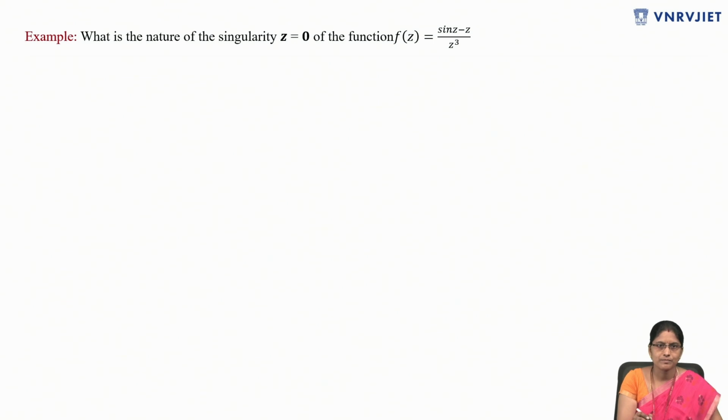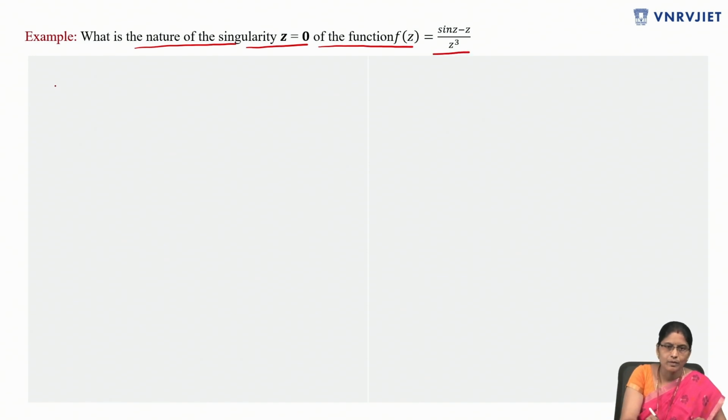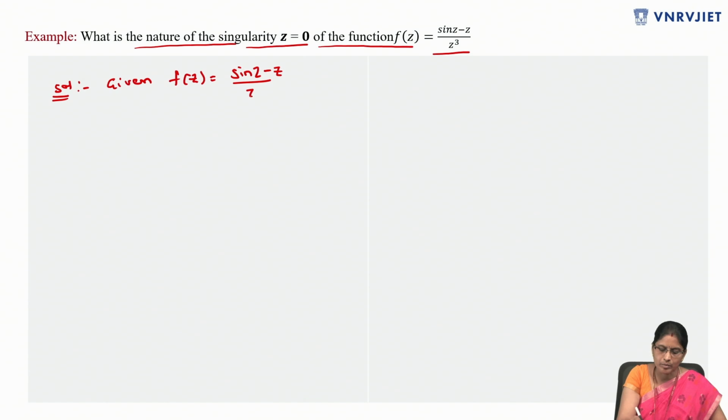Next, see the example problem. What is the nature of singularity z is equal to 0 of the function f of z is equal to (sin z minus z) by z cube? First, note down the given function. Given f of z is equal to (sin z minus z) by z cube.